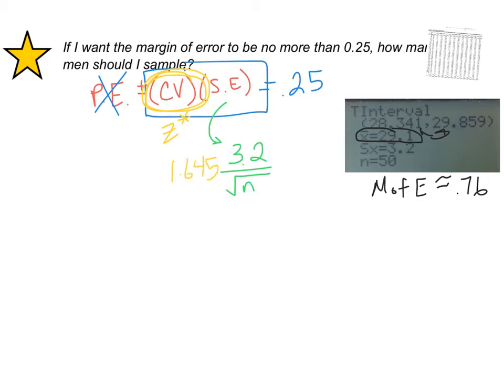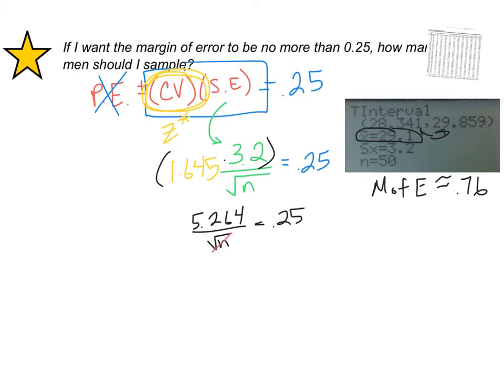And I need this to be equal to 0.25. Here's what I would do first. I would multiply these two numbers, 1.645 multiplied by 3.2. I get 5.264 over the square root of n equals 0.25.